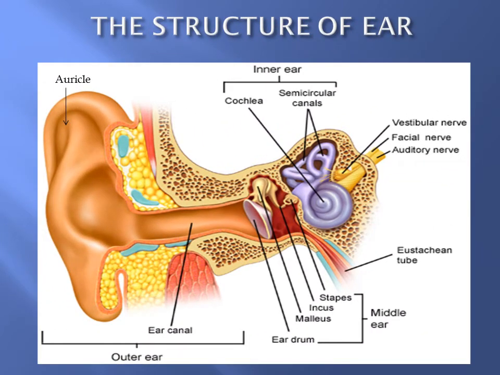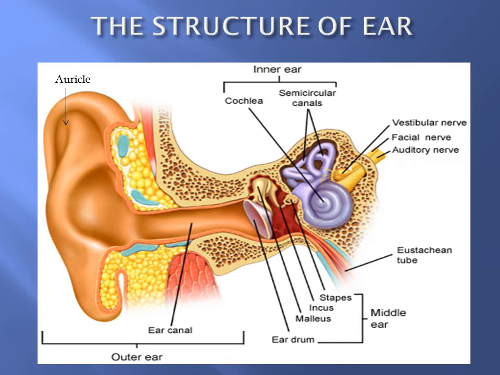Here let us identify the structure of the ear. Our auditory system is extremely complex. The ear has three main parts, which are the outer ear, middle ear, and the inner ear. The outer ear consists of an auricle, ear canal, and eardrum.